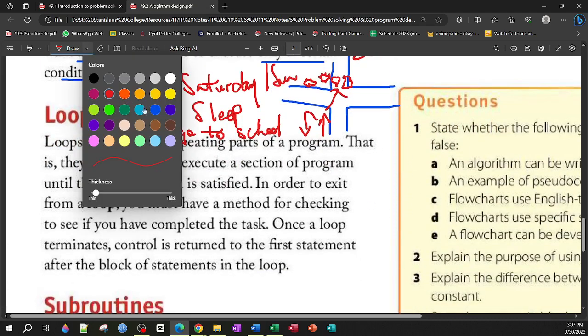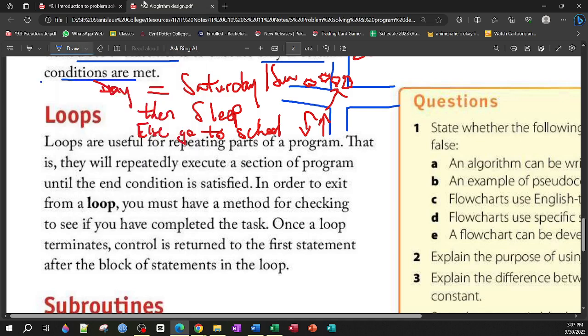All right, loops or loop statements now. What is a loop? Anybody, what's a loop? Or what does a loop do? When something loops, what does that mean?